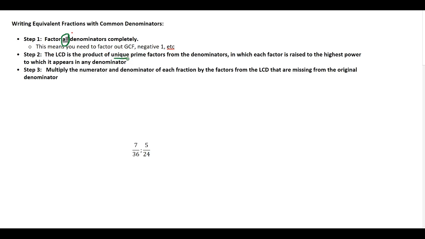So in other words, wherever there's a factor, we have to have it in the least common multiple, okay? Once we've found the least common denominator, then we can multiply the numerator and denominator of the original fractions by what is missing. Now I know that doesn't make a lot of sense, so let's look at some examples, okay?